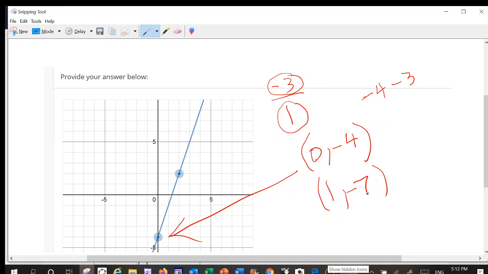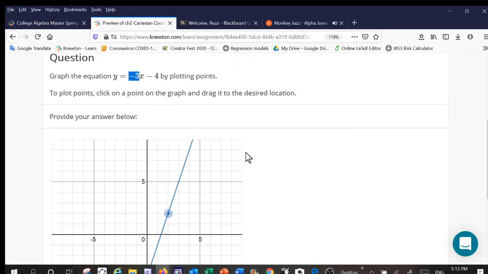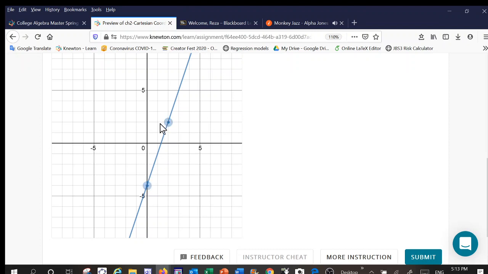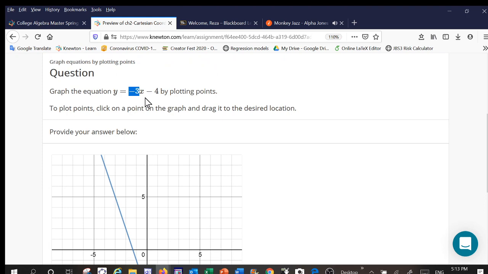So the other point is going to go to this point. Another point that I need is not here, but it has to be way down there at 1 and negative 7. So I'm going to do that. So based on that, negative 3 over 1, if I add 1 to the x, if I'm over here, that's 1. The y coordinate has to be negative 7 right there. So that's the equation of this line, negative 3x minus 4.